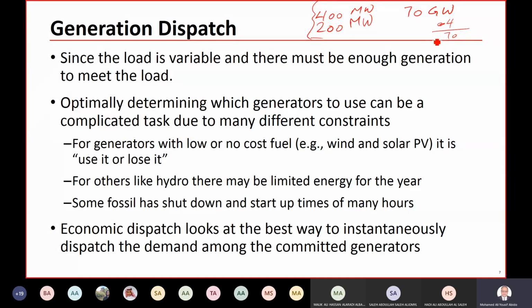The ratio is very, very small compared to the generation. Still, energy storage is a bottleneck in power systems. As I mentioned, electricity is a fresh commodity. You have to generate and consume directly.